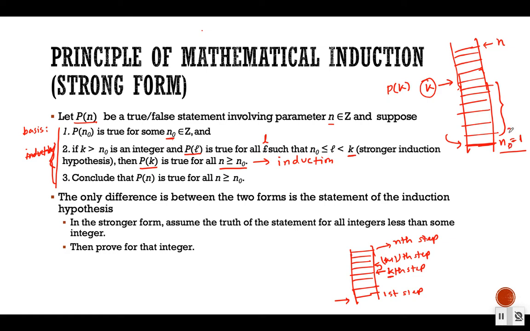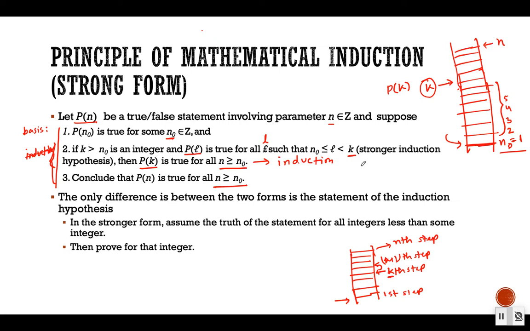If I can prove steps 2, 3, 4, 5, any one of them, which is between k and the initial value, then I can prove that P(k) is also true. That will conclude our induction: we can conclude that P(n) is true for every n greater than or equal to our initial value. So that's the only difference.